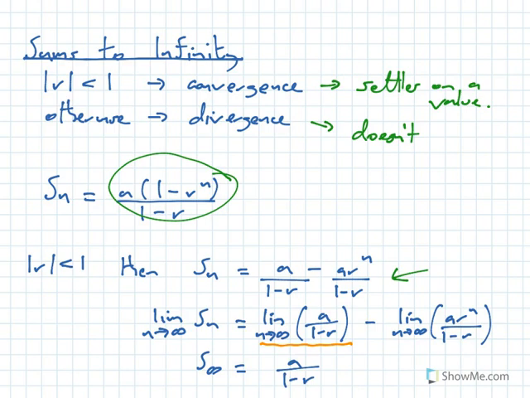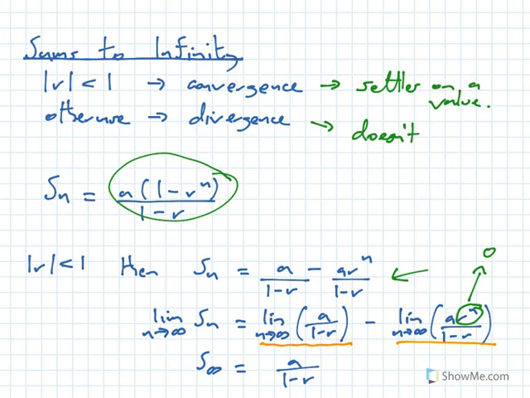And on our last bit here, as n gets really big, well, if r is less than 1, then this top bit here tends towards 0. Because if n gets really big, r is less than 1, you're having something like, well, stick it in your calculator.